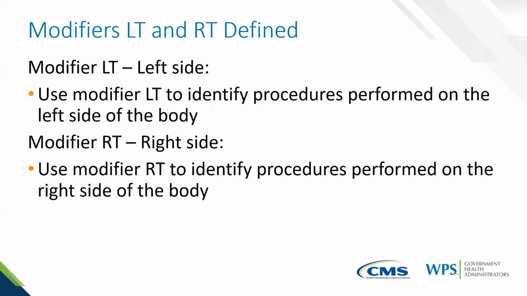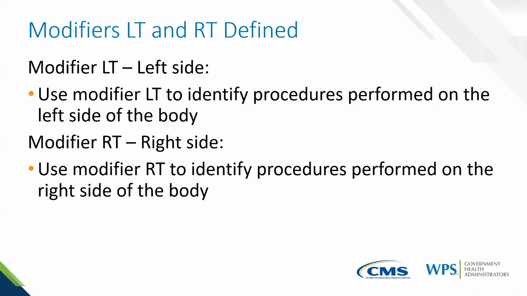And obviously, in order to use one of these modifiers, there has to be a left and a right. For an example, your liver doesn't have a left and a right. Your arms have a left and a right. And the other thing with these two modifiers is that you always want to use them when it's appropriate. Otherwise, it can cause a denial.